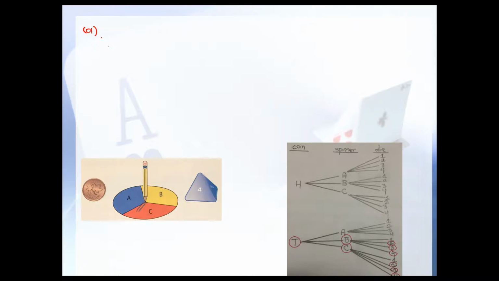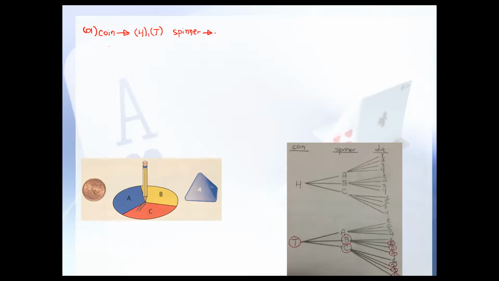Okay, so we want the sample space for each one of these objects. We have the coin. My sample space for the coin would be you can get heads or you can get tails. Again, for a sample space, write the outcomes in brackets and separate them with a comma.